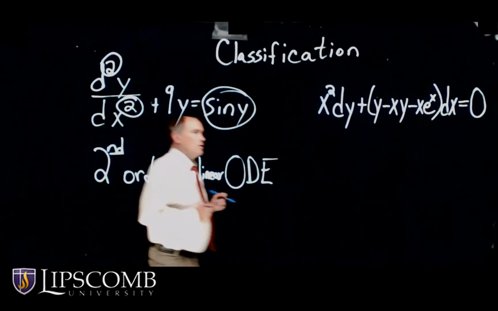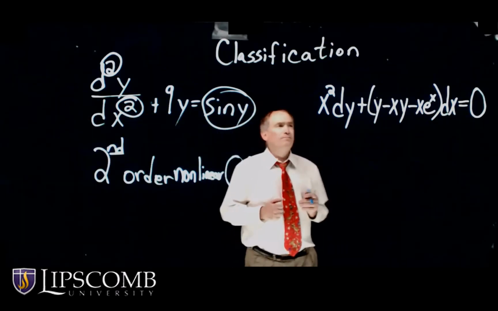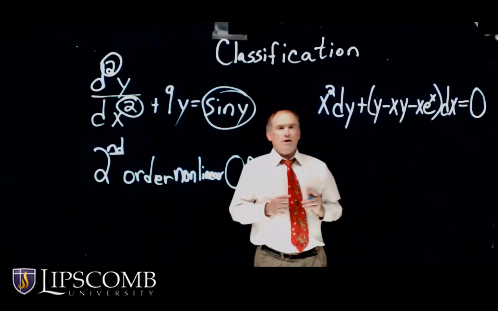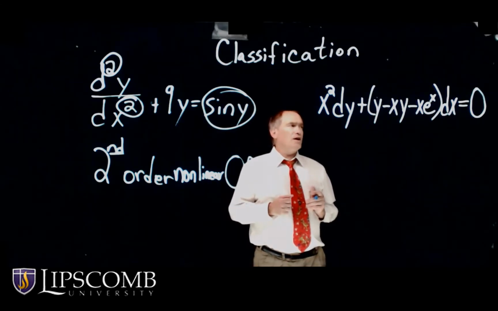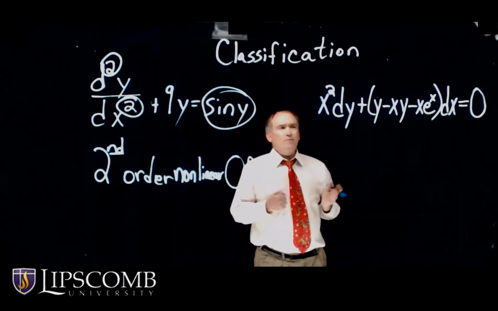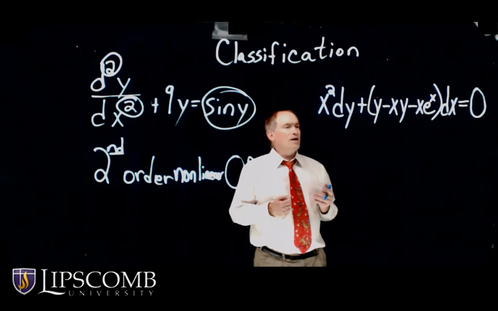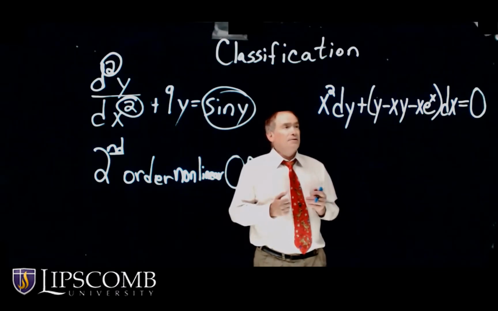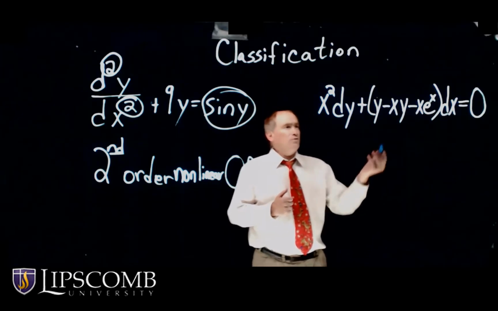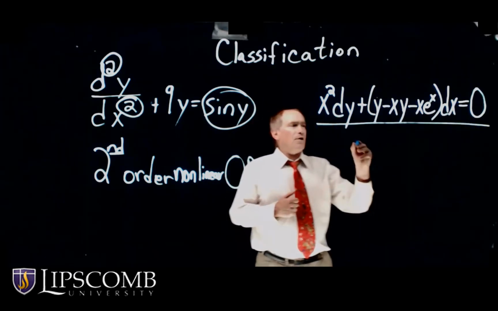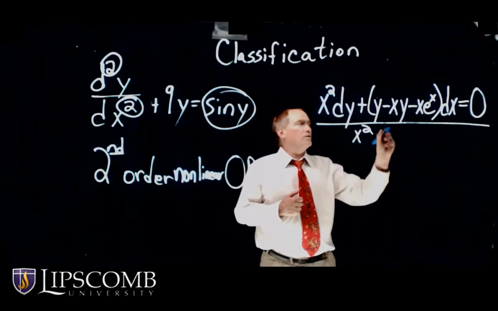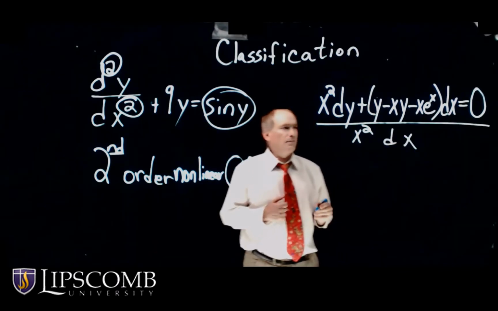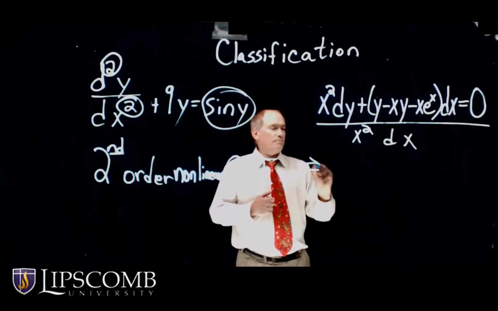Now I come to my next example. x squared dy plus y minus xy minus xe^x dx equals 0. So I want to play around with this some and get it in some sort of form that I can tell what it is. So the first thing I'm going to do is divide everything by x squared dx. And so what do I get?